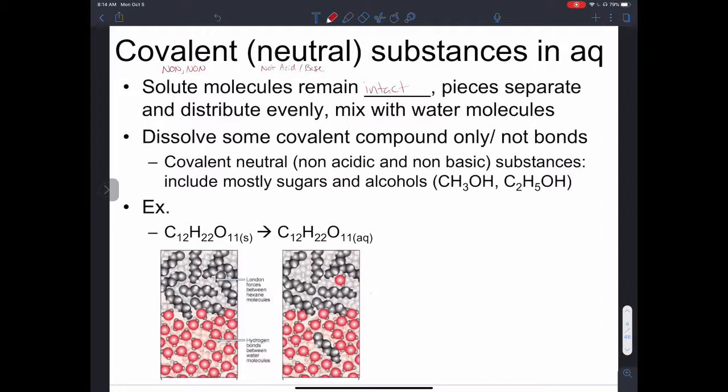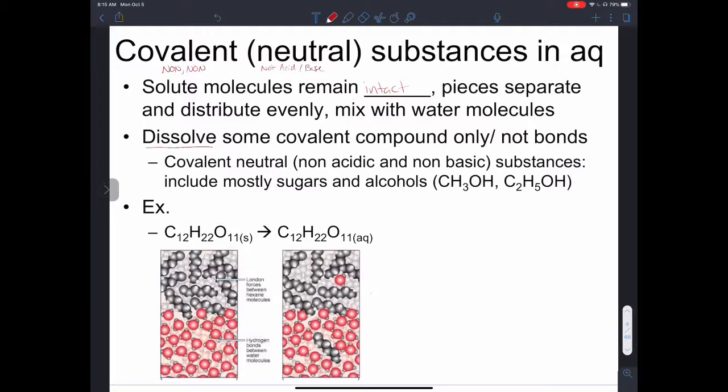Point 2 says that when we dissolve some covalent compounds, not all, and certainly not the bonds, dissolve. So they do not dissociate. So the vocabulary word that we correlate with the behavior of a covalent bond in an aqueous environment is that it dissolves. So simply mixing with the water, but the atoms do not come apart.